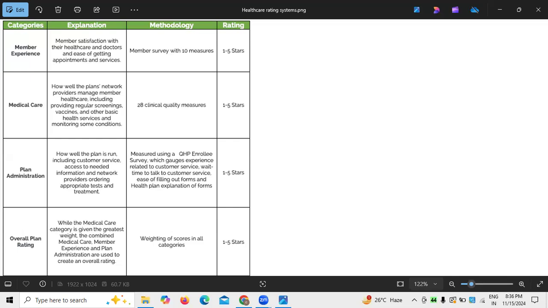Tomorrow I'm going to discuss how this administration functions, how CMS, the Centers for Medicare and Medicaid Services, functions, and in what way it initiates the processes. I will explain that in tomorrow's session.